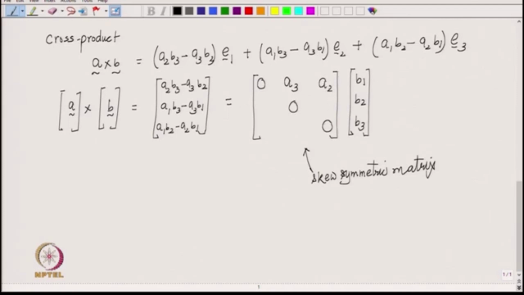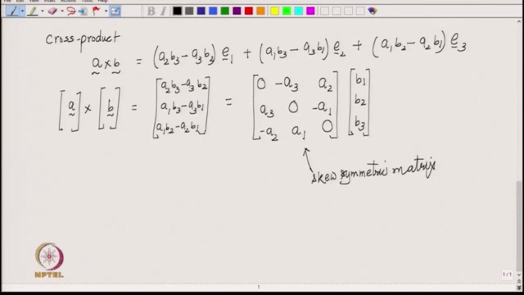Second row third column, 1 is missing, so it is formed by the first component, A1. And then the tricky thing is that A3 has to be with a minus sign, A2 remains A2 and A1 becomes minus A1, and then you form this skew symmetric matrix. So, this is A3, here we have minus A2 and here we have A1.